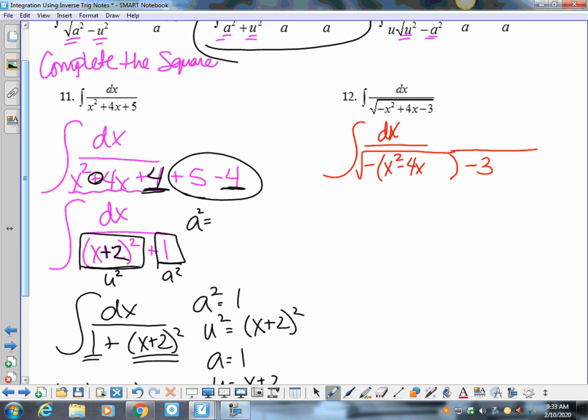What's half of 4? Square it. So I'm going to put a plus 4. But guys, when you put a plus 4, what did you really do? You really did minus 4. So I'll come over here and add 4. Yes, because when I wrote plus 4, the value was really a minus 4.